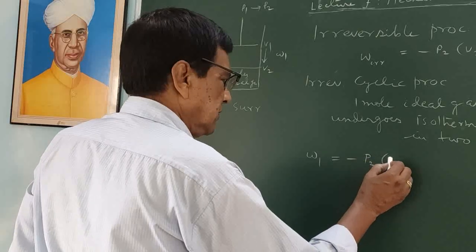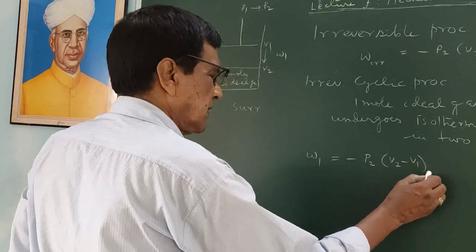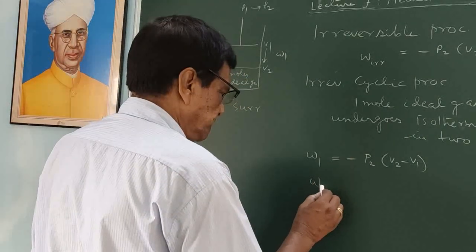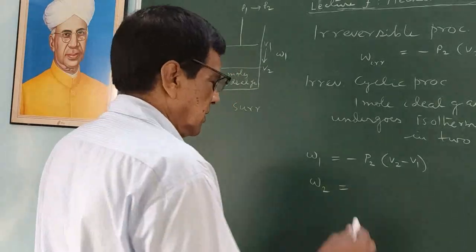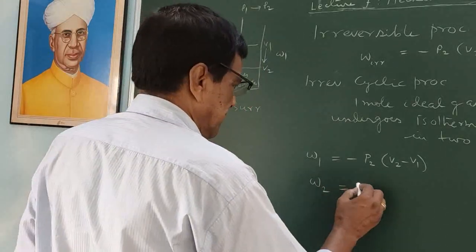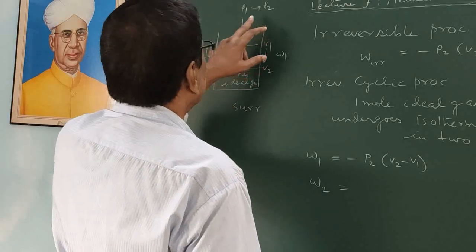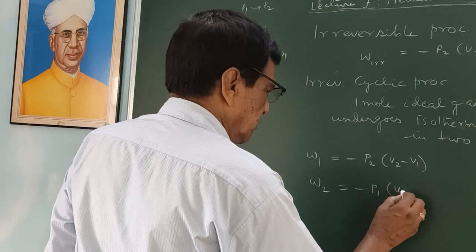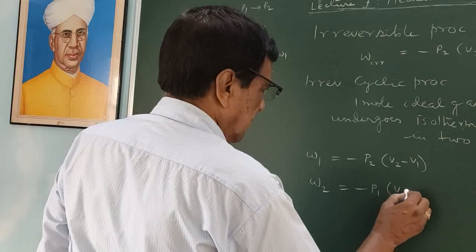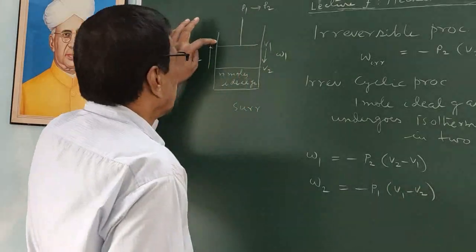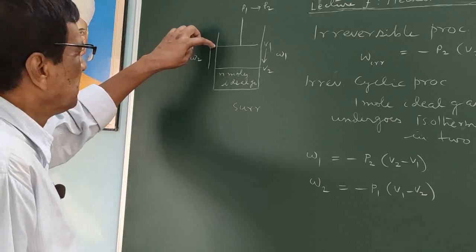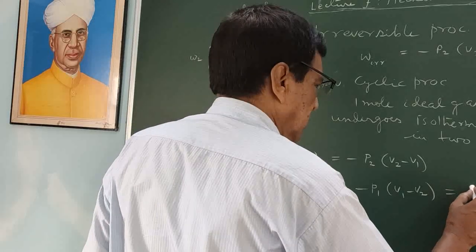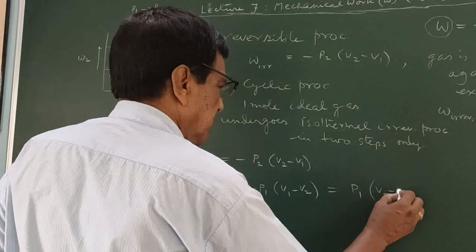And similarly W2, in case of expansion, occurs against the external pressure P1, so minus P1 into (V1 minus V2). V1 is the final volume, V2 is the initial volume. So we can write this as P1 (V2 minus V1).